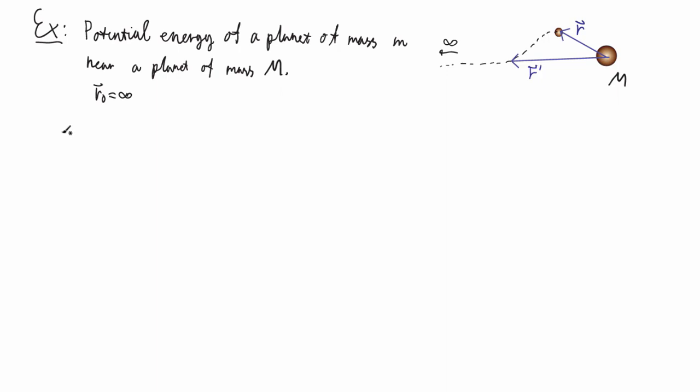So we know that the force of gravity between two particles is equal to minus G little m capital M over r squared r hat. So that's the force of gravity there. That's a little small, hopefully you can see it.